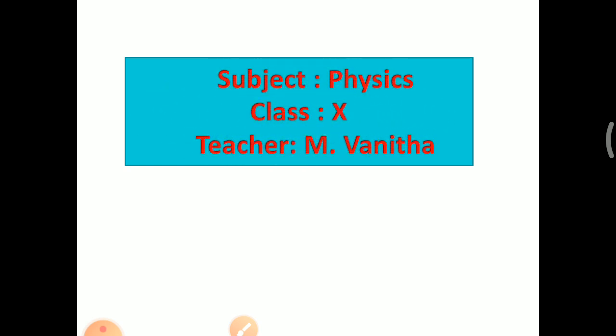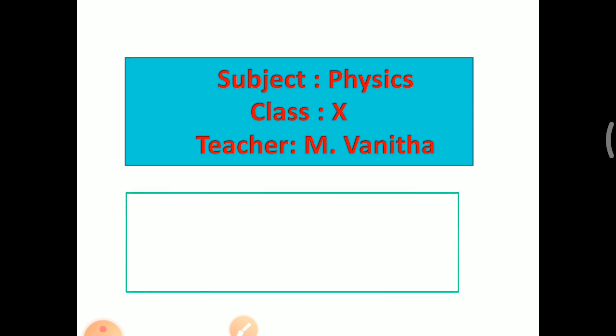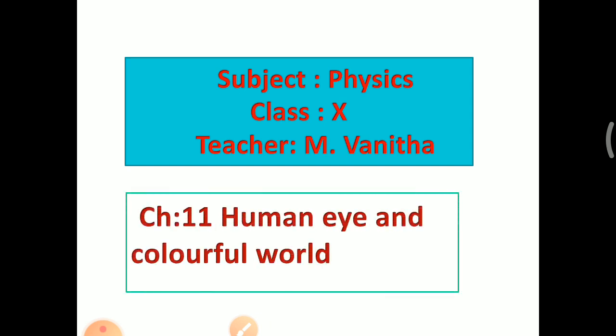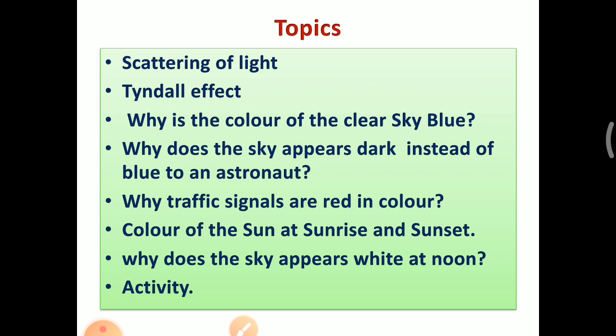Today we are going to see the subject physics, class 10, chapter number 11, human eye and colorful world. Topics: the first topic, scattering of light. Second topic, Tyndall effect. Third topic, why is the color of the clear sky blue?